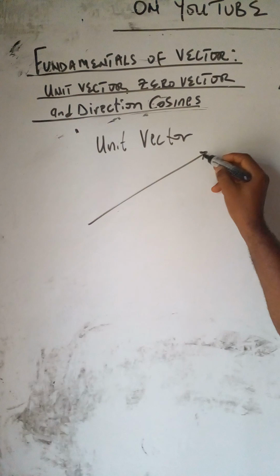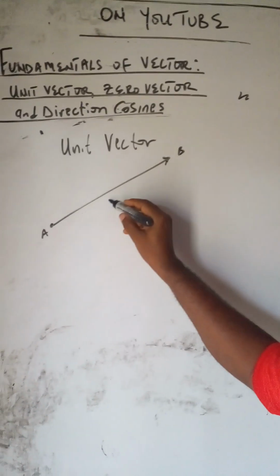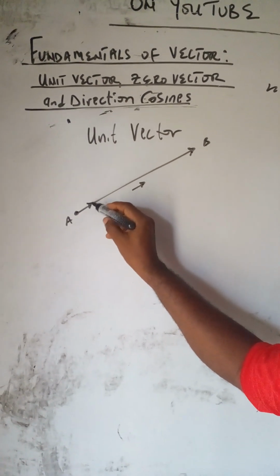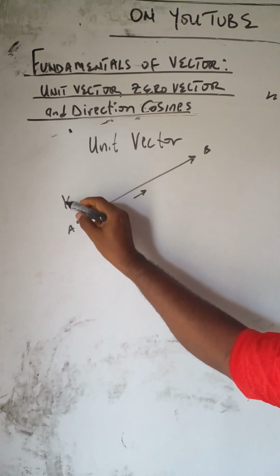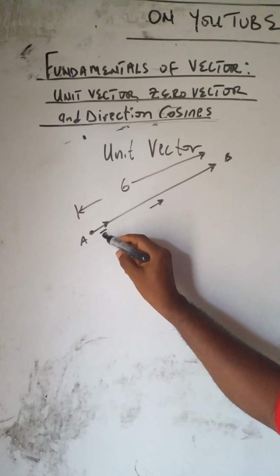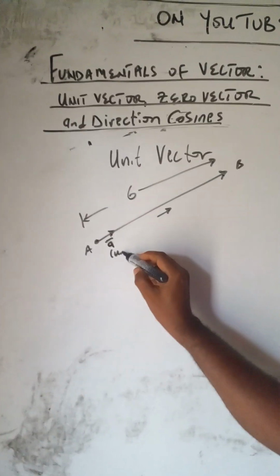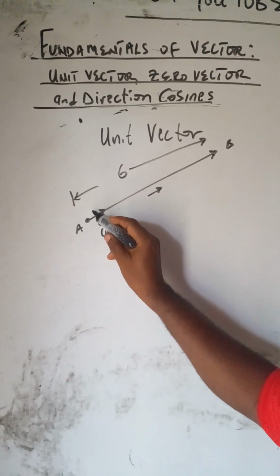Unit vector. Let's say we have this particular vector, vector AB, and this is the sense of the direction. Let's say we have a small vector, which I will call vector small a. Let's say the magnitude of vector AB is 6. The vector a that I have here is called a unit vector, and the size from here to here is 1.